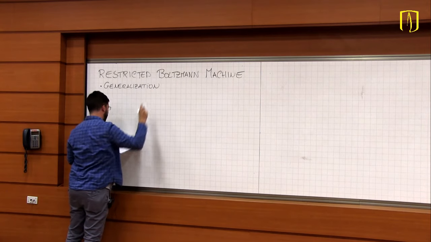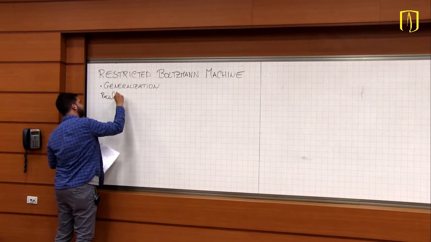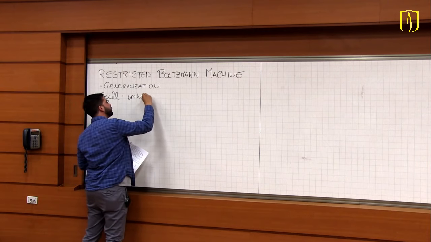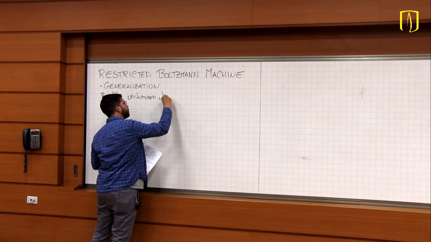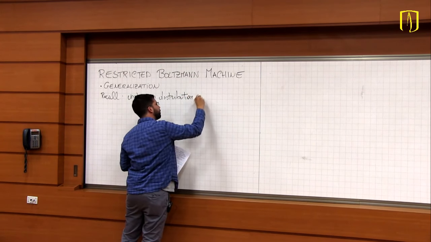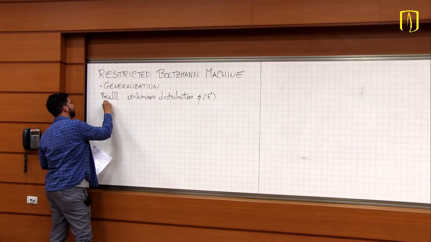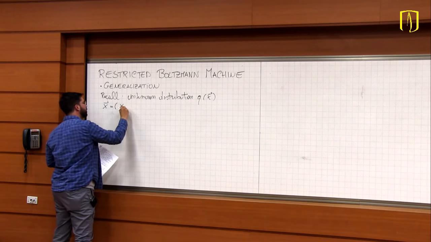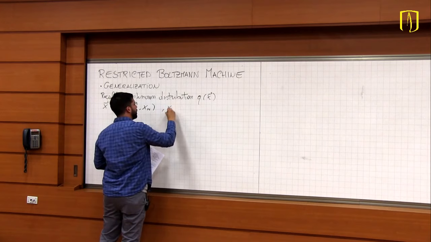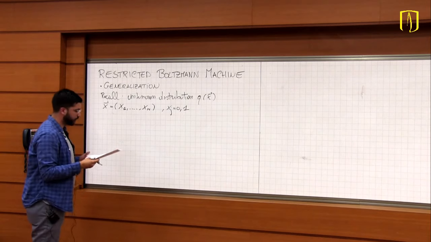So recall, imagine you have an unknown distribution, and we're going to call this Q of X, okay? And X here again is a set of binary variables x1 to xn. This could be multinomial, but let's consider binary variables.